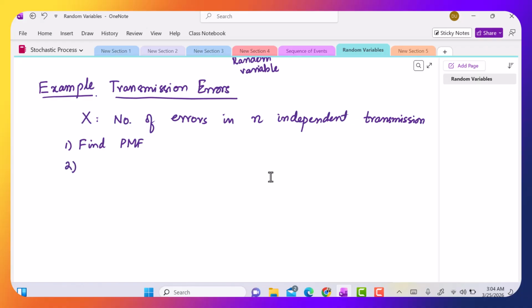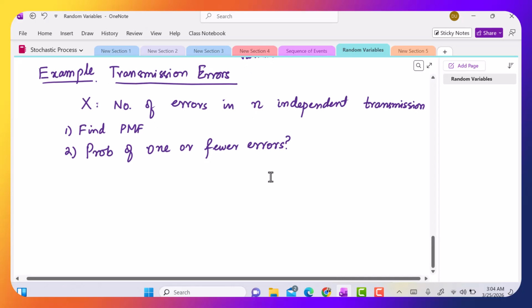And number two, we also want to find the probability of one or fewer errors in the above scenario. So what's the probability that there is only one error or no errors, if we are working with a discrete number.